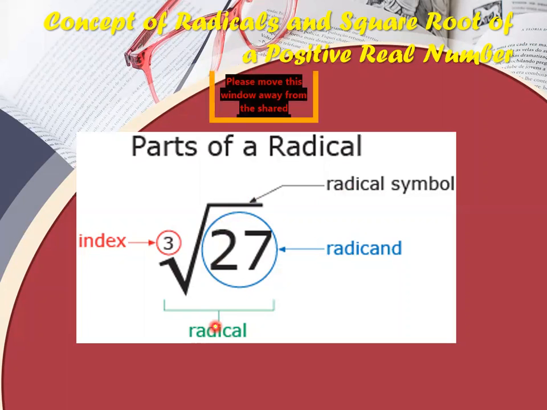So these are the parts of a radical, and the whole thing is called the radical, not only this one. This is not the radical. Basically, this is a radical symbol. Inside the radical symbol, you have radicand, and outside the radicand, you have index, and this whole thing is called radical. Okay.